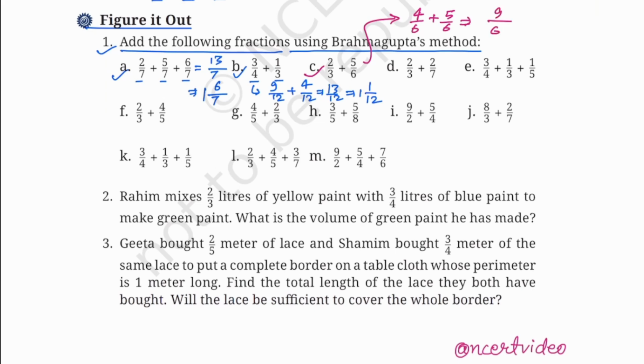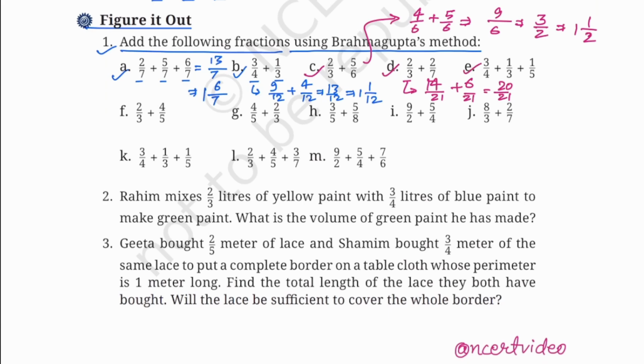The answer is 9 upon 6. Can be simplified further by dividing by 3. The answer is 1 whole 1 by 2. D. 2 upon 3 plus 2 upon 7. Common multiple of 3 and 7 is 21. The answer is 20 upon 21.